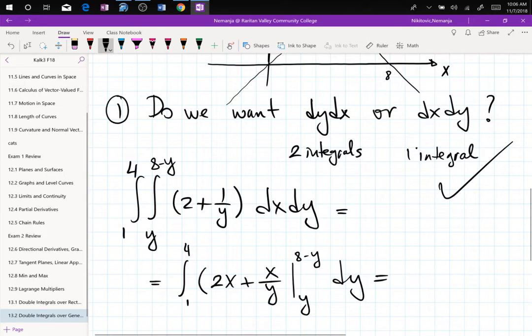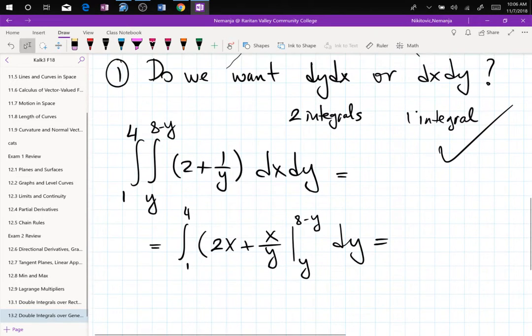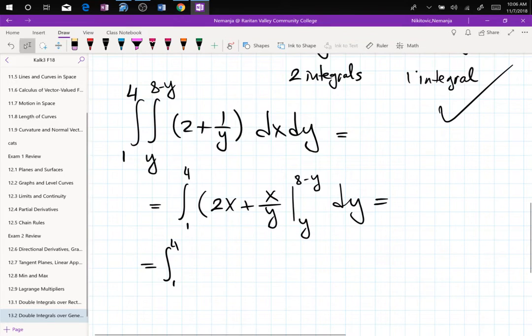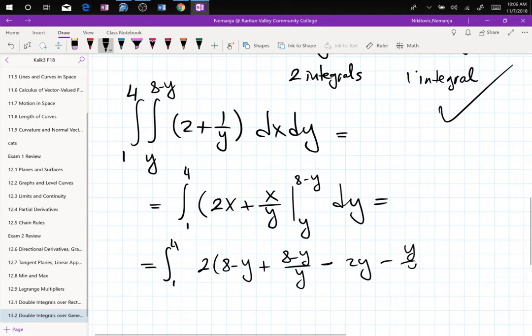Hello, algebra. Right? You will plug these into x's. So 1 to 4. We have 2 times 8 minus y plus 8 minus y over y minus 2y minus y over y.